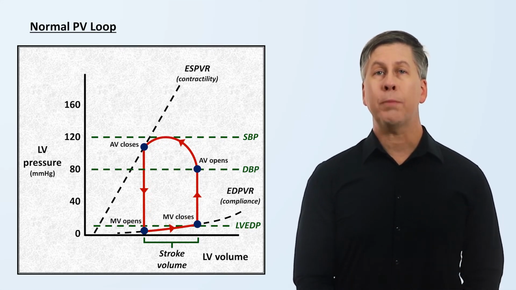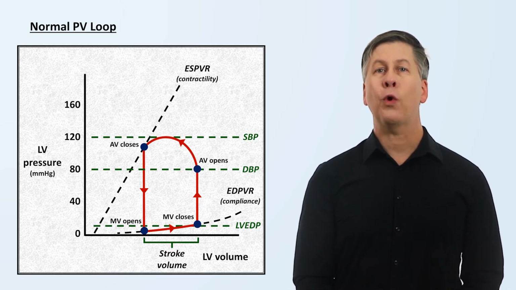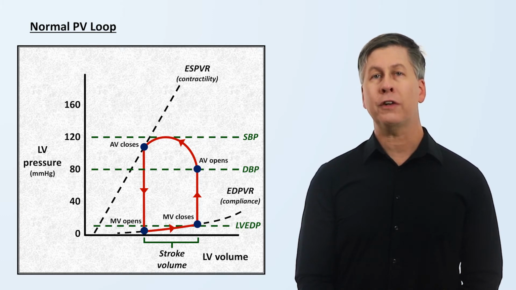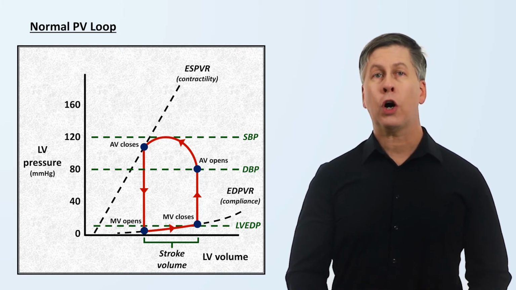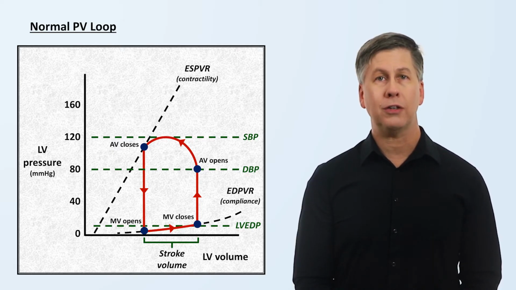We have 4 distinct points representing the moment a valve opens or closes, and 4 distinct sides to the loop, representing isovolumetric contraction, systolic ejection, isovolumetric relaxation, and ventricular filling. There are two pressure-volume relationships, ED-PVR defined by compliance and ES-PVR defined by contractility.